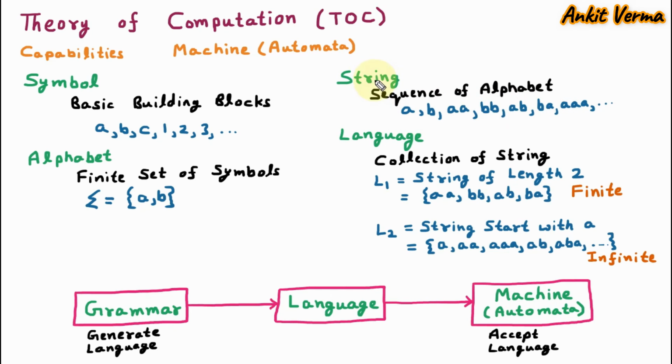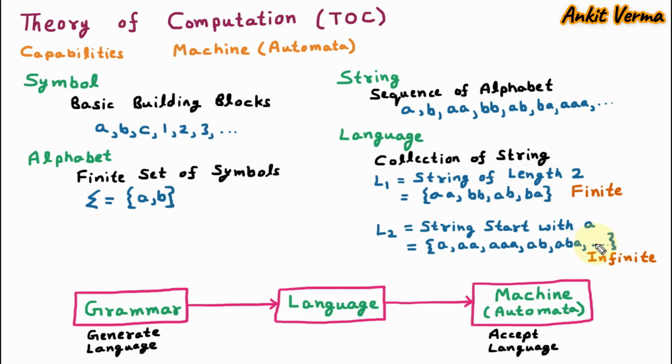From the string, language is created, and the language is the collection of string. Language can be finite or infinite. Finite language contain limited number of string, just like the string of length 2, and there are only 4 possibility, just like AA, BB, AB, and BA.